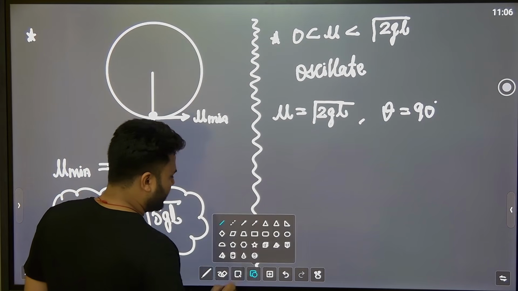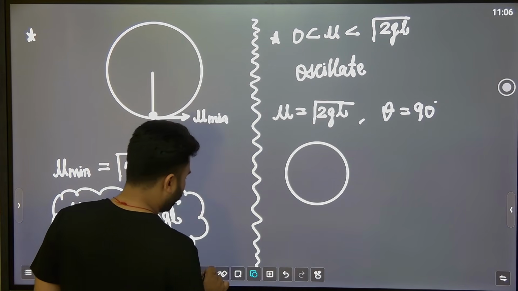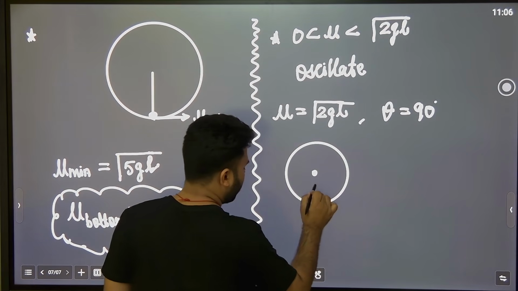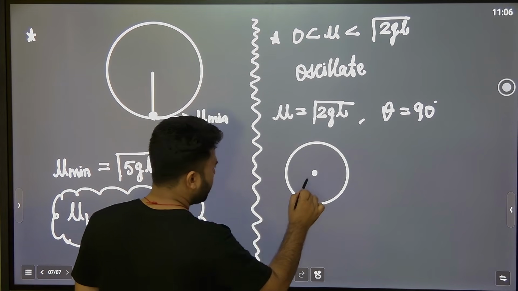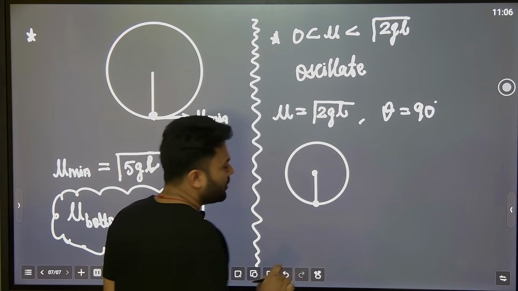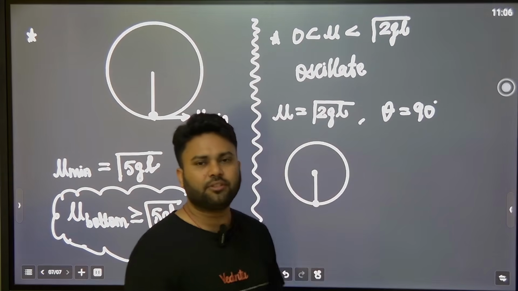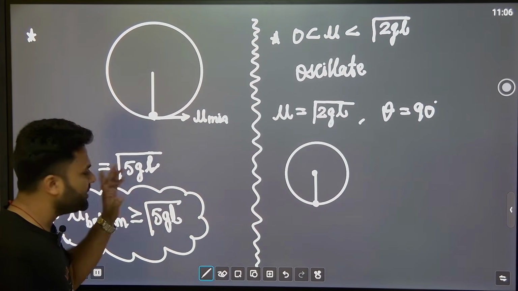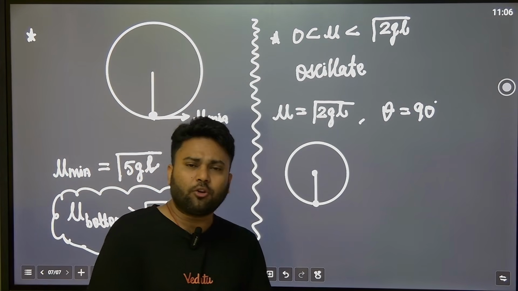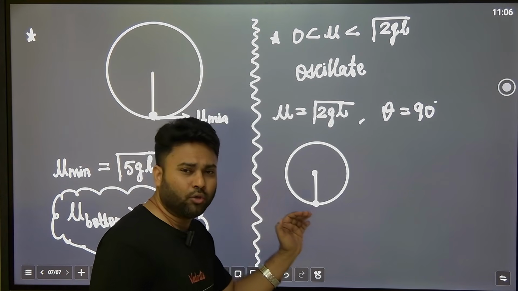Means, see what I am saying. Here, what minimum speed should you provide for complete vertical circular motion? Under root 5 GL. This is the minimum requirement. But you are not giving this much. You are giving root 2 GL.